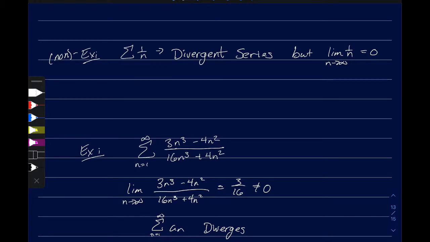The reason for this is because at the tail end of our sequence of partial sums, we're essentially taking everything and we keep adding 3/16 to it.